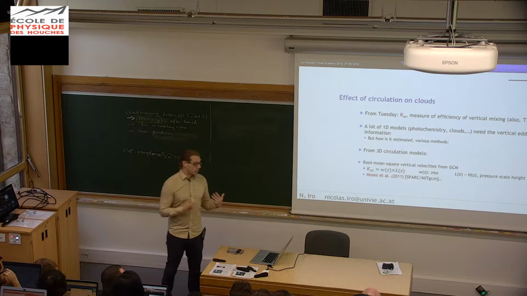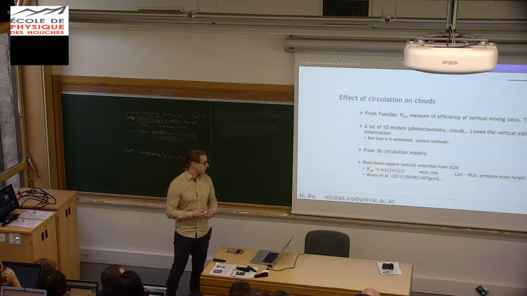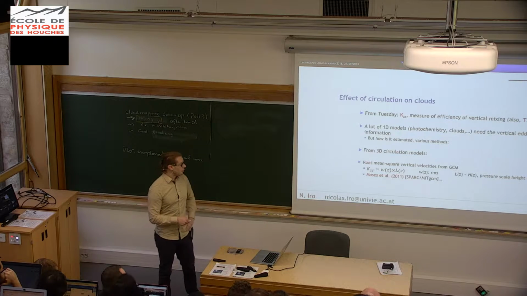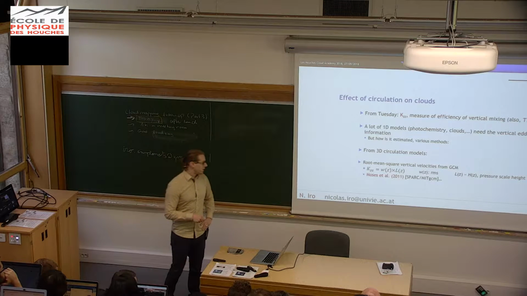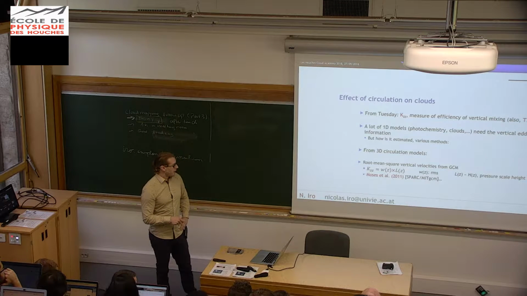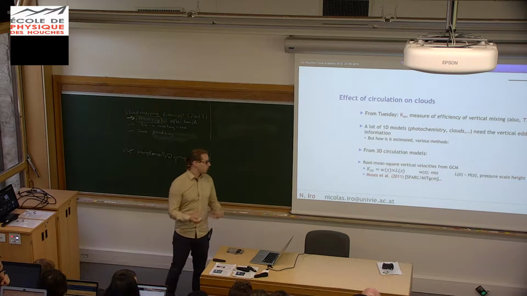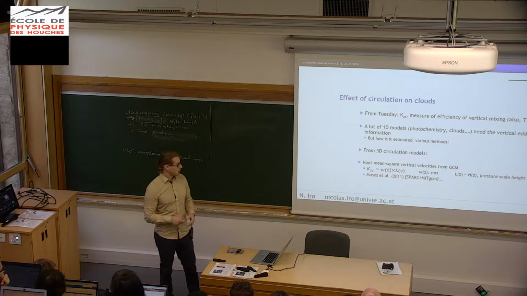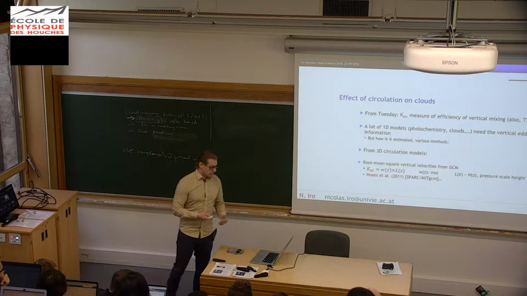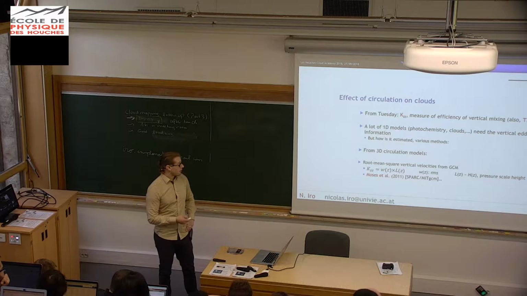But how to really calculate this quantity? A crude approach would be to take the root mean square of the vertical velocity from the GCM multiplied by a length, which is roughly the pressure scale height, but could be lower than that. Moses calculated it with the SPARC/MITgcm.